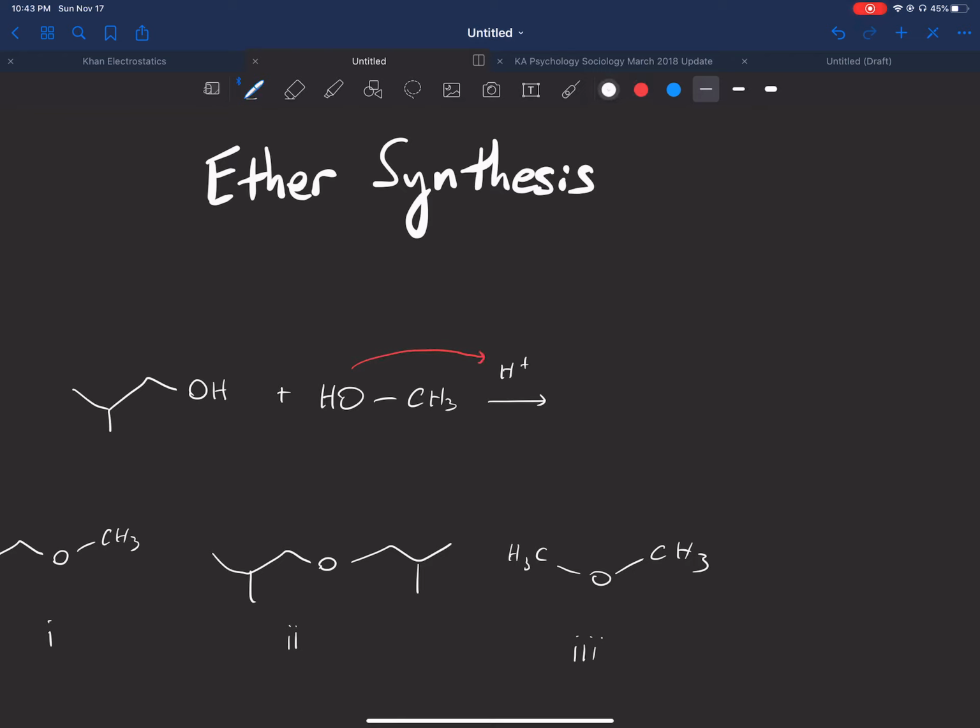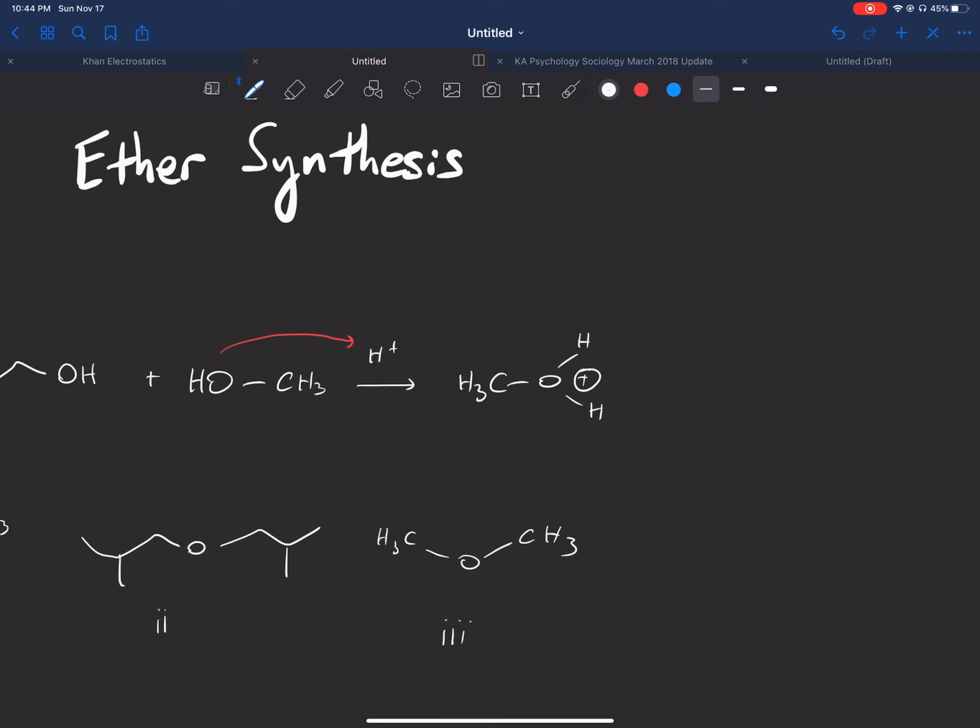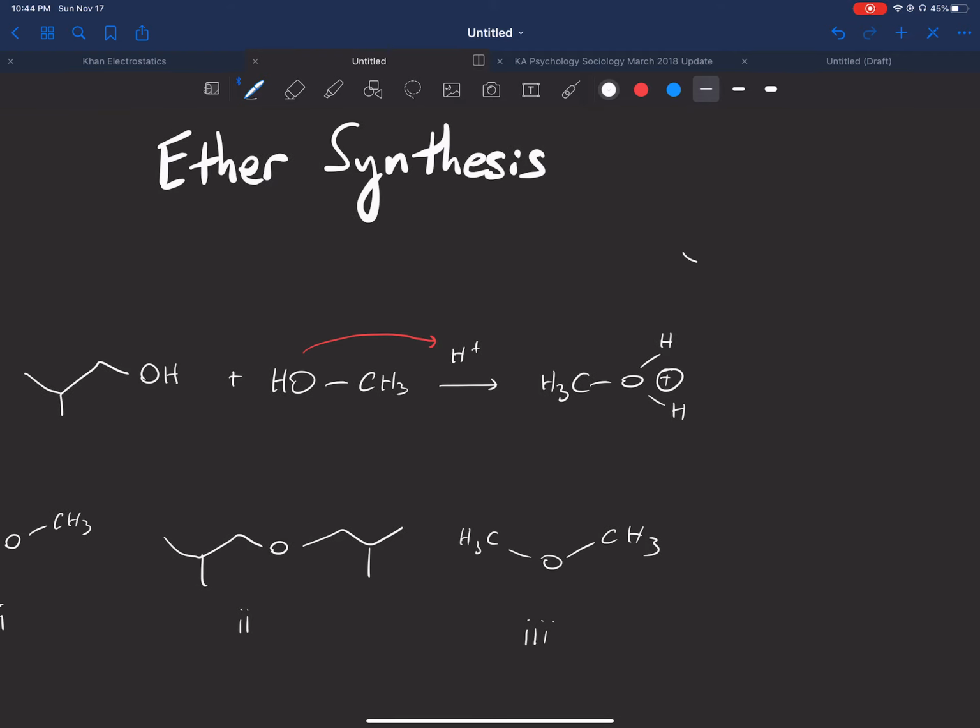So what we get is, and this is going to be a methyl with that water on it. Again, this is not going to be able to leave on its own and create a methyl carbocation. So what can happen now is our other group right here, the other alcohol, can do an SN2 on that carbon to kick this out.